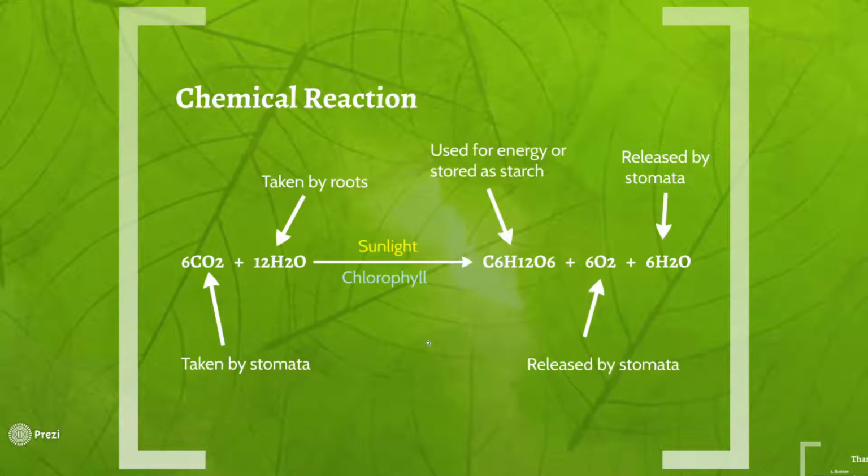If you realize, carbon dioxide is taken up by the stomata, water is taken up by the roots, and sunlight is taken up by chlorophyll. Glucose can be converted to energy or, if not required, can be stored in the form of starch. Oxygen is released by stomata, and water is again released by stomata, and this process is called transpiration. We'll be learning this in the transportation section of this lesson.